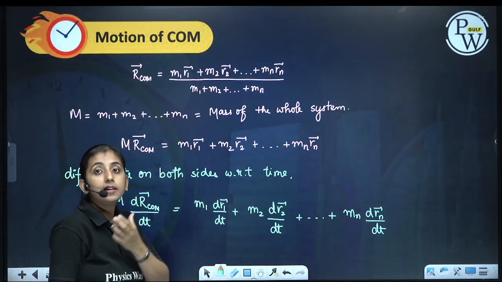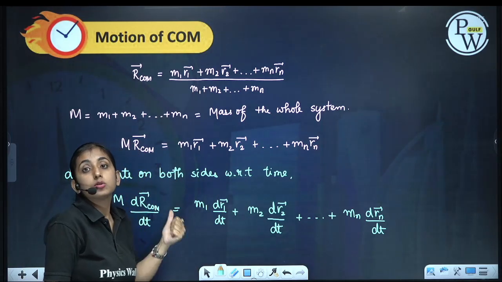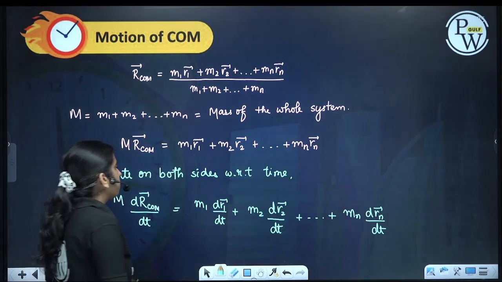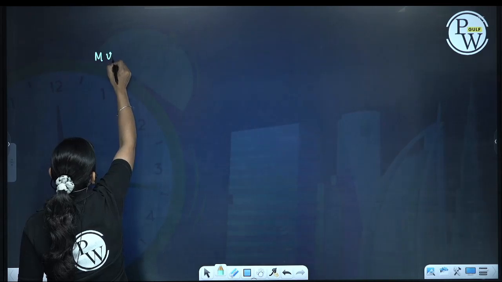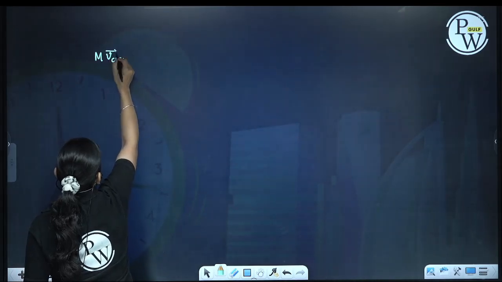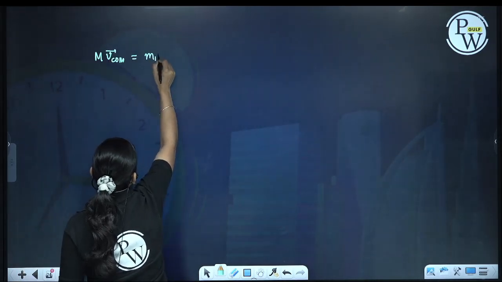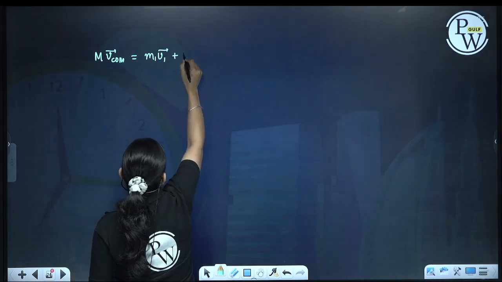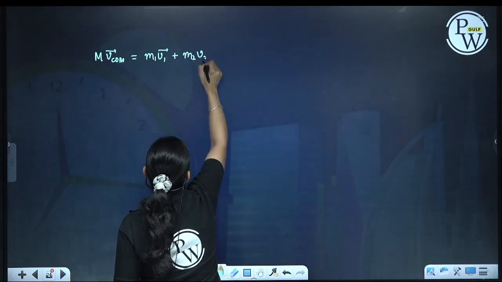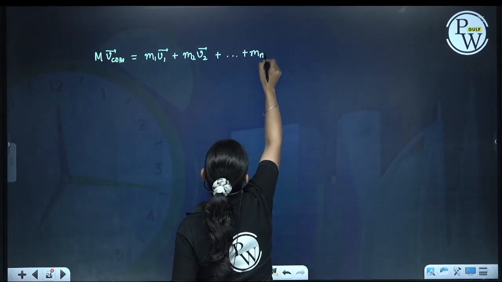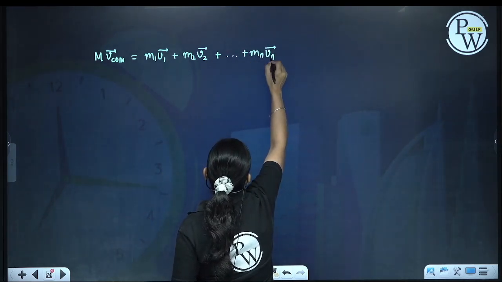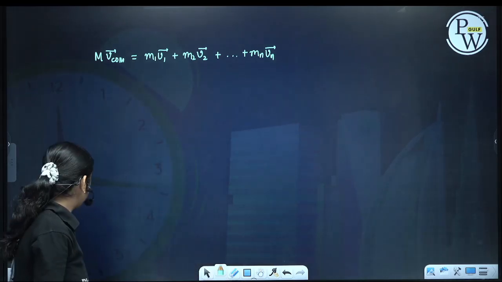This is the velocity of center of mass. We will get m into vcom is equal to m1 v1 plus m2 v2 up till so on mn into vn.